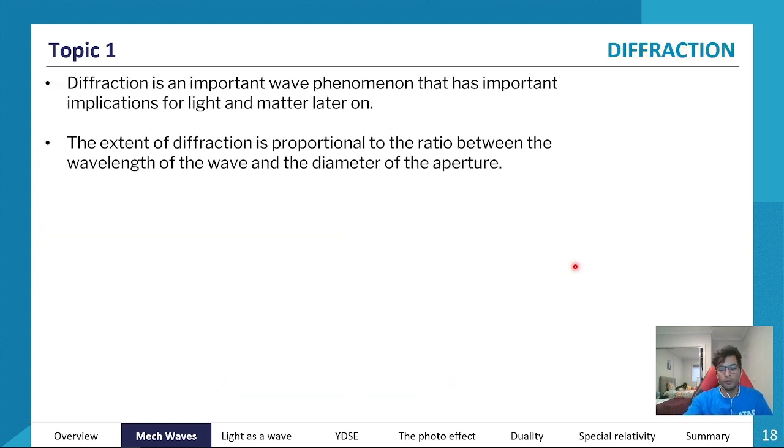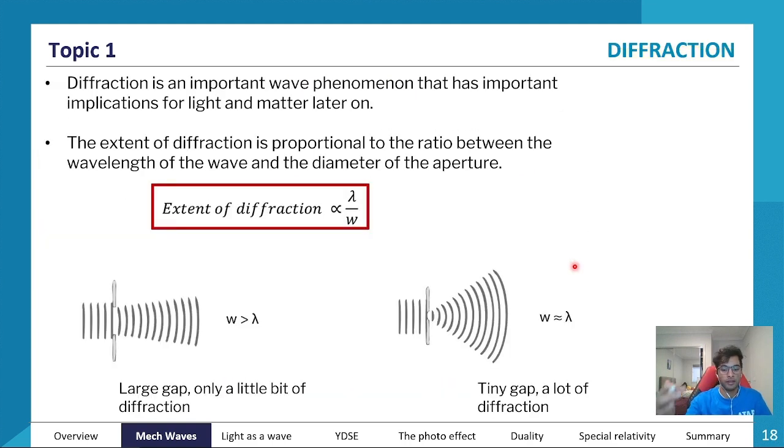So we can combine all this information, and we get this sort of formula. The extent is the wavelength divided by the width. The thing is, this is not really a formula, because diffraction is not something you can measure.